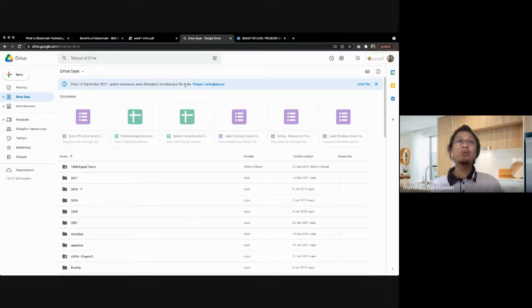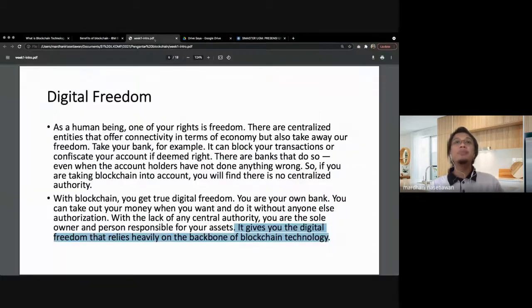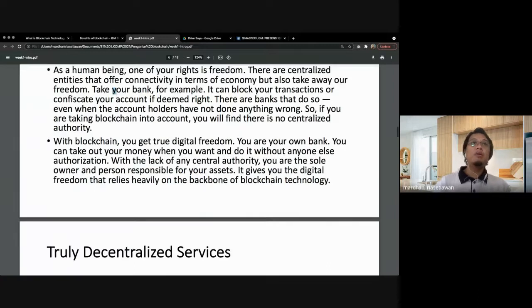So Google has the right to implement anything they need to do. So that's one of the issues. How about the simple issue about the digital freedom that we have right now? Yeah, so that will be one of the issues.